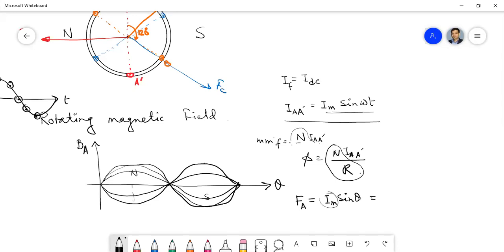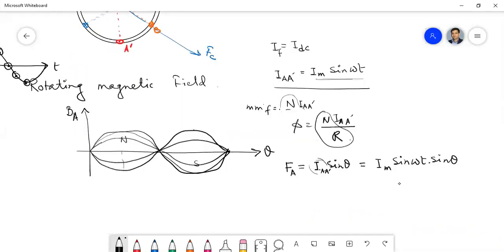So better to write here, not like this, A prime. Now this A prime itself is a function of time. So instead of A prime, we have to write sine omega t sine theta. Are you getting? So that means this FA is a function of theta and t.